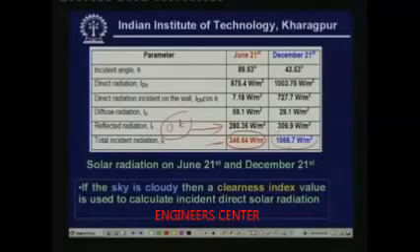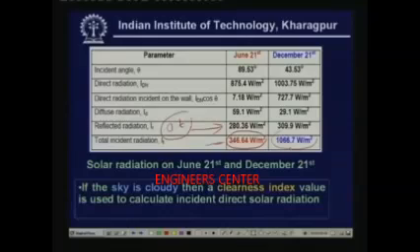Because the latitude is 23 degrees north, the results will be different if we are talking about the southern hemisphere. And so far this ASHRAE model, in fact if you remember, I have mentioned in the last class that this model assumes that the sky is cloudless. But if the sky is cloudy, sometimes what is done is a clearness index value is used to calculate the incident direct solar radiation.